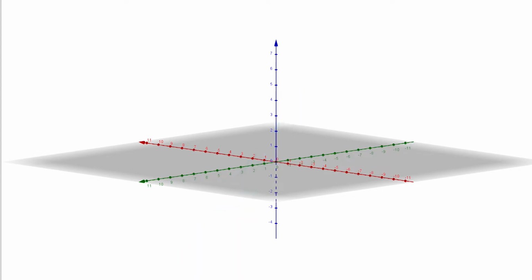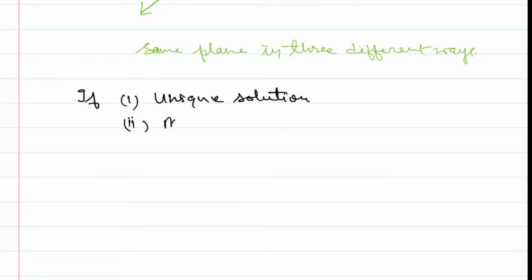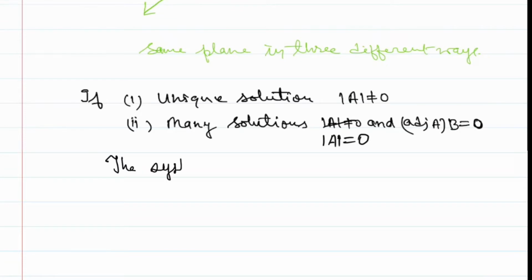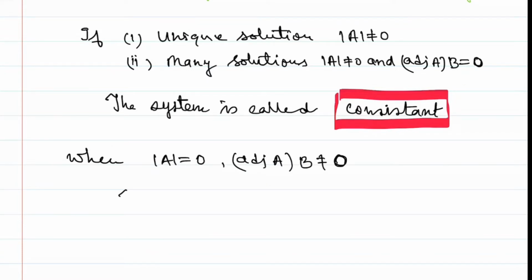Now let us discuss consistency and inconsistency of a system of equations. If a system has a unique solution or many solutions, that is, determinant of A is not equal to 0, or determinant of A is equal to 0 and adjoint A into B is also equal to 0, the system is called consistent.